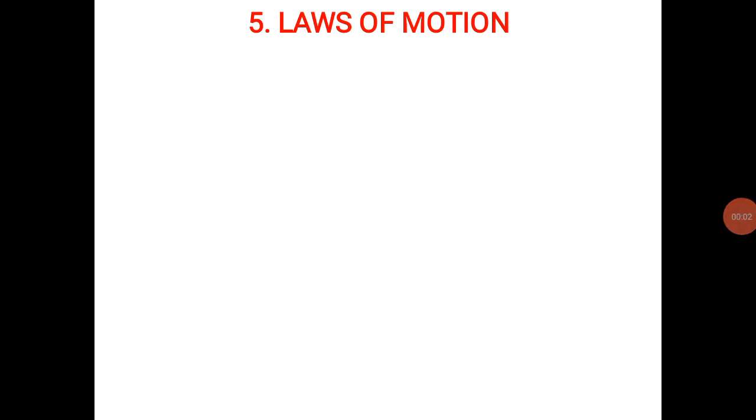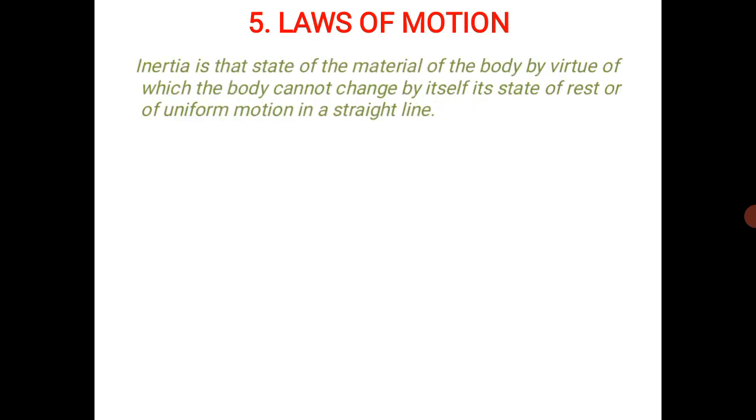Hello, dear students. Let us discuss some terms which remain in the laws of motion. Before the discussion of the terms, first of all, once again we have to discuss a very important term, that is inertia.